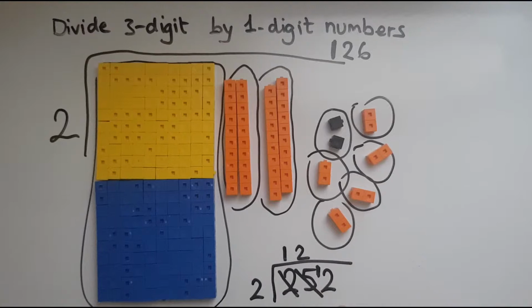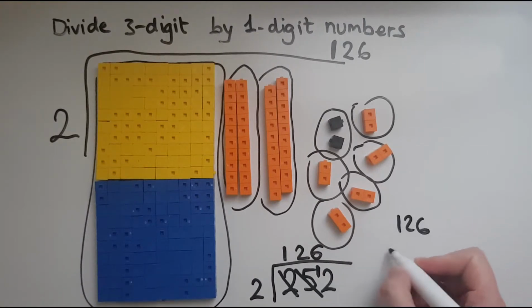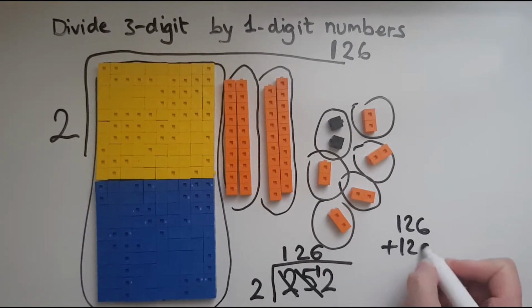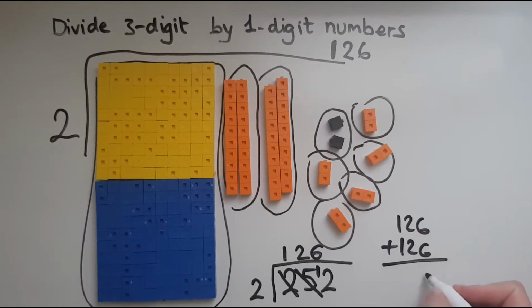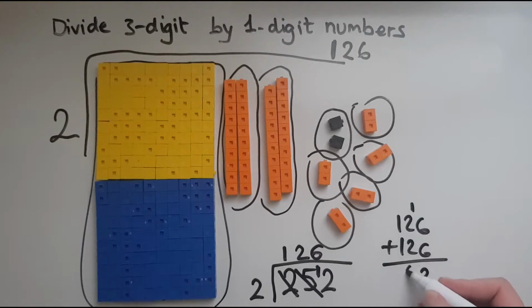Now that has become 12. So how many 2's fit into 12? That was exactly 6. And if you check it, 126 and 126, so 2 lots of them make 12, 4, 5, and that is 2, so 252. That shows that we've done this correctly.